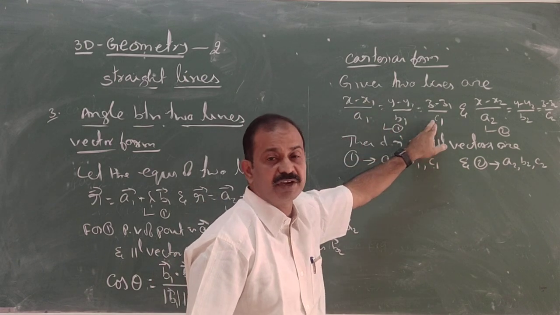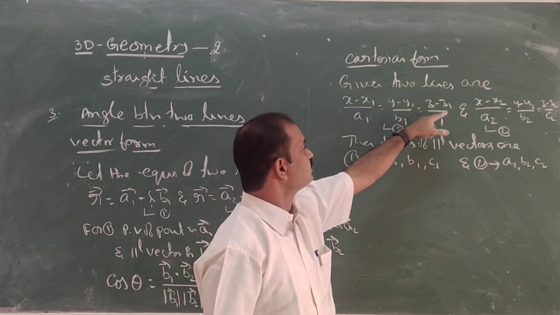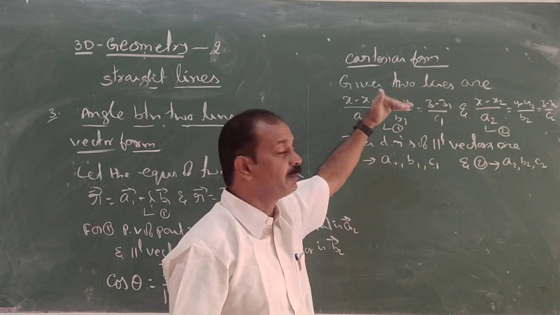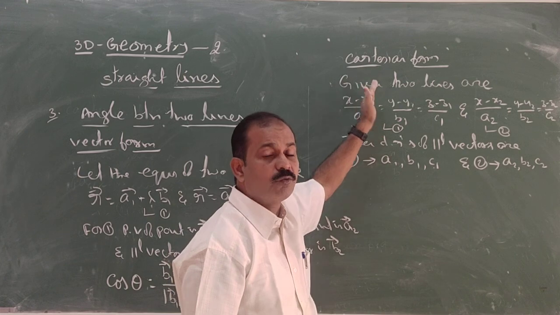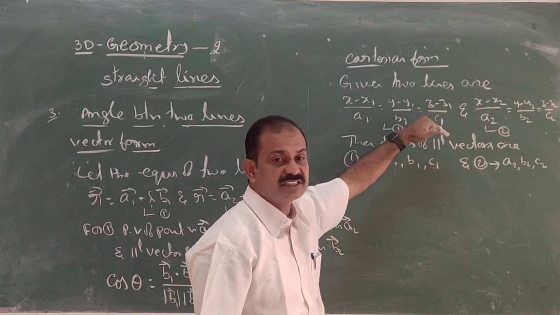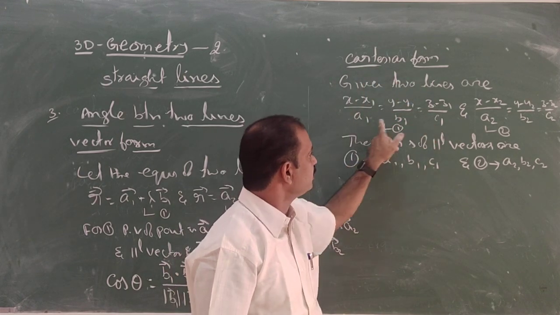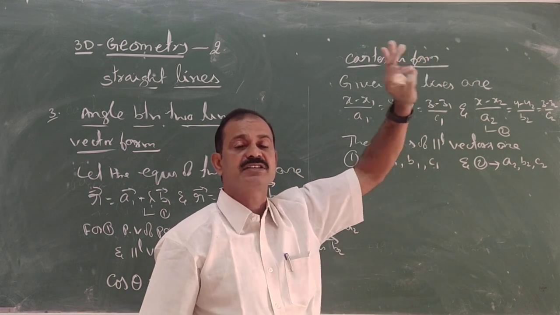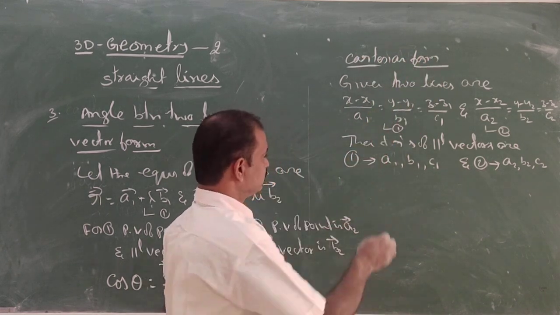The denominator is nothing but the DRs of the parallel vector, provided it is in the standard format. What is the standard format? (x minus x1)/a, (y minus y1)/b, (z minus z1)/c. Whatever is in the denominator, they are the DRs of the parallel vector.